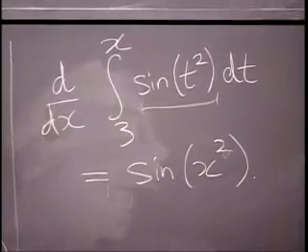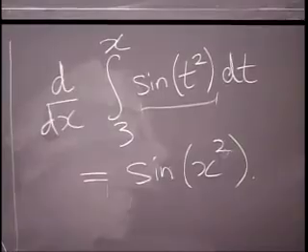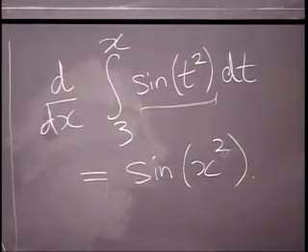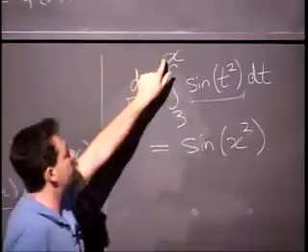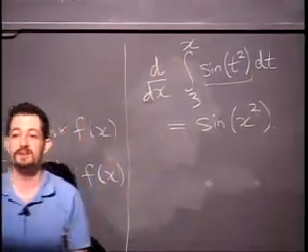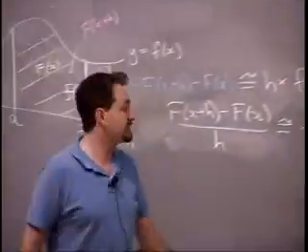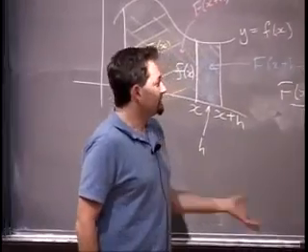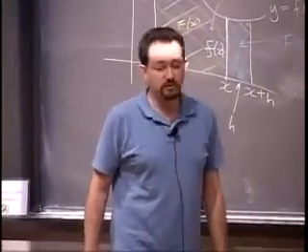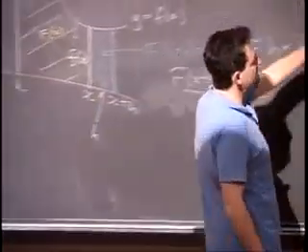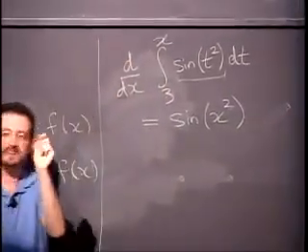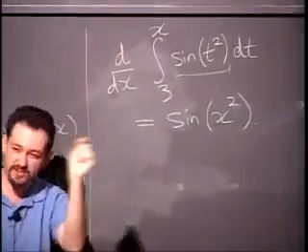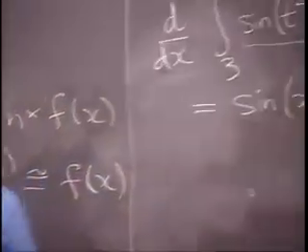Be careful of the variable. Now, when I say you differentiate the integral, of course, it's not just any old integral. It's got to have the right-hand endpoint being the variable that you're differentiating with respect to. Okay, so this looks pretty weird. But all it says is, if I consider the area under this curve from 3 to x, and I wobble x around a little bit, then the change will be sine of x squared itself.